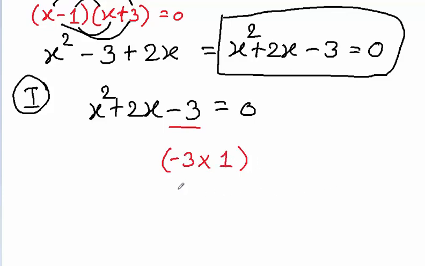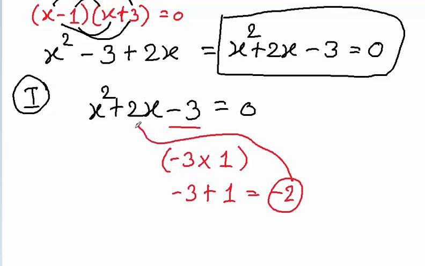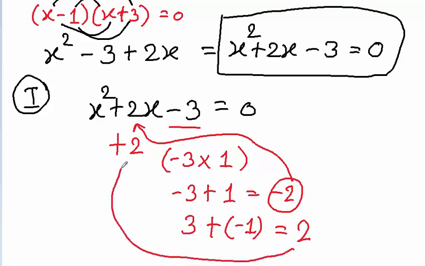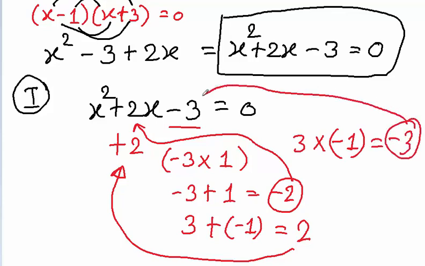And you try to think, minus 3 plus 1 is not making sense because it's equal to minus 2, and you check with this, which is plus 2, right? So you have to change to 3 and minus 1 instead. So it will become 2, that's the same number. And then the multiplication, 3 multiplied by minus 1, is equal to minus 3. It is the same as the last one, right?